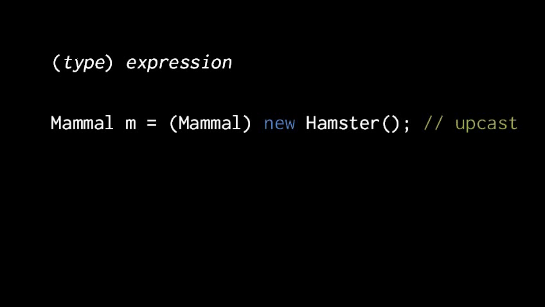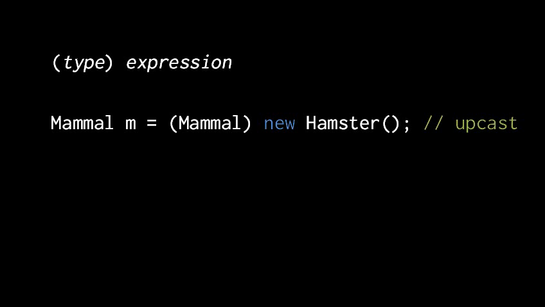Recall from C casting, where we take a value and convert it into another type. And we did this with the type name we want to convert to in parentheses placed in front of the expression of the value. In the previous slides, we've actually been doing what Java considers to be a kind of cast. Specifically, it's what it calls upcasting. We're taking objects of one type and casting them up the chain of inheritance to some other type. So say, when we assign a hamster object to a mammal reference, we're actually casting it to mammal first.